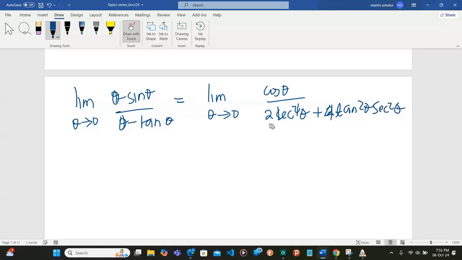When I put in 0 here, this gives me 1 over, this becomes also 1, so 2 into 1, then plus 0. So this becomes 2.